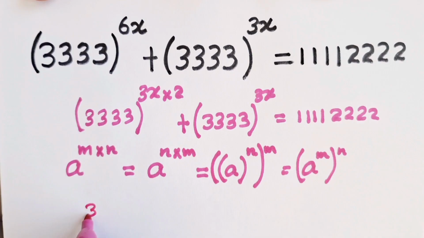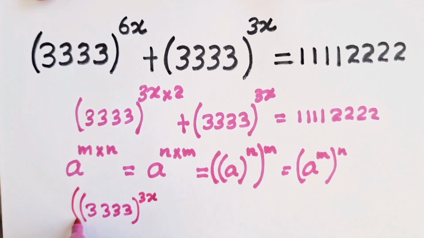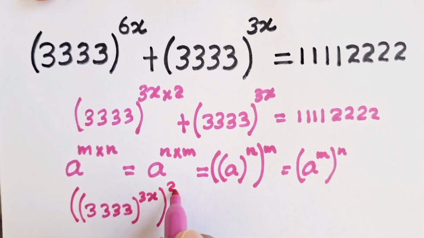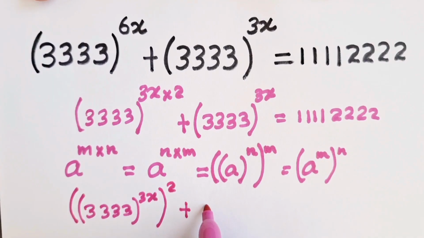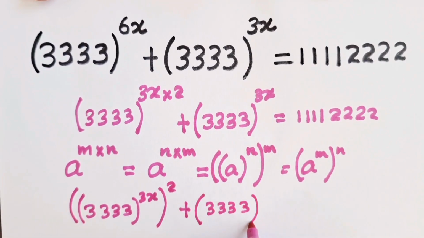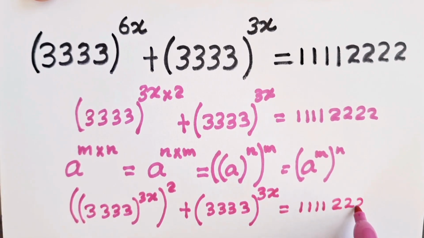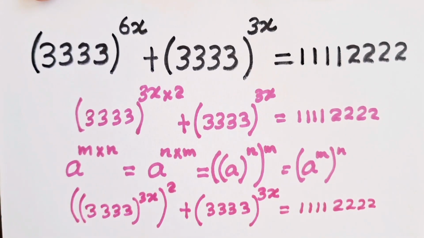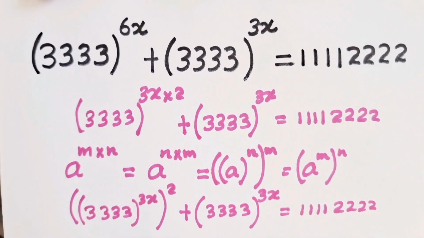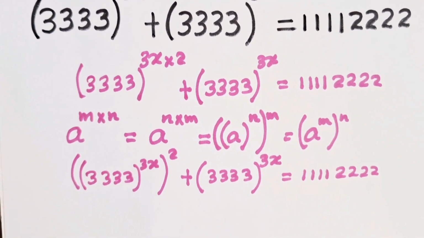Then I can rewrite the equation as follows: 3333 to the power of 3 times x, whole to the power of 2, plus 3333 to the power of 3 times x is equal to this number. Now I am going to use a substitution in the next step.